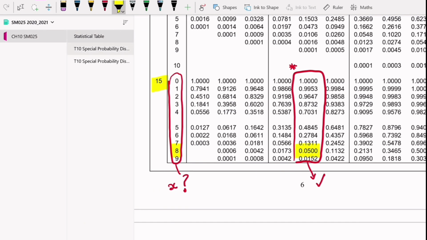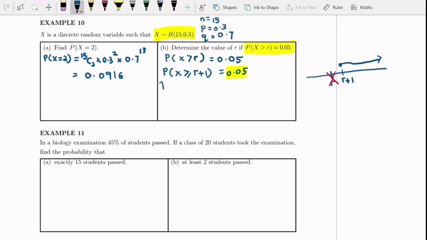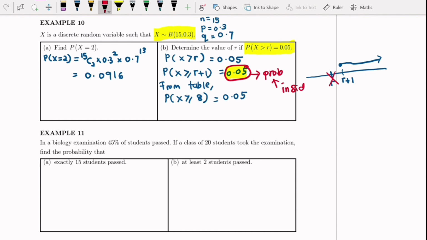So from the table, probability X greater than or equal to 8 is equal to 0.05.